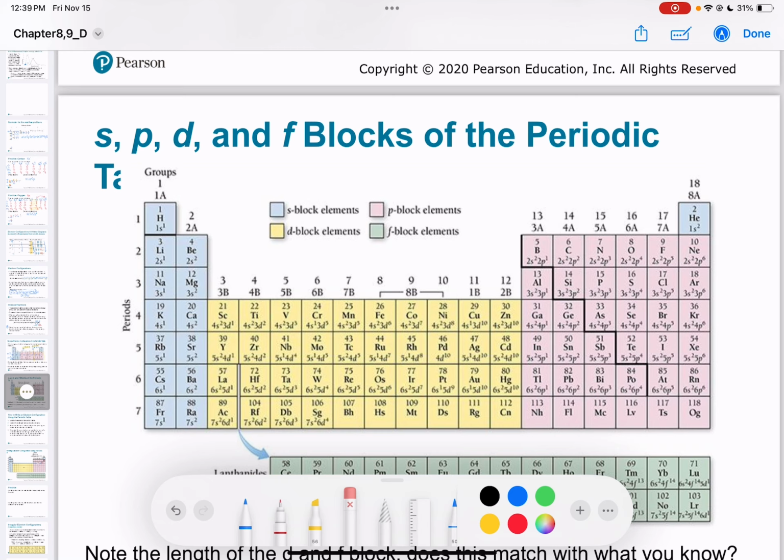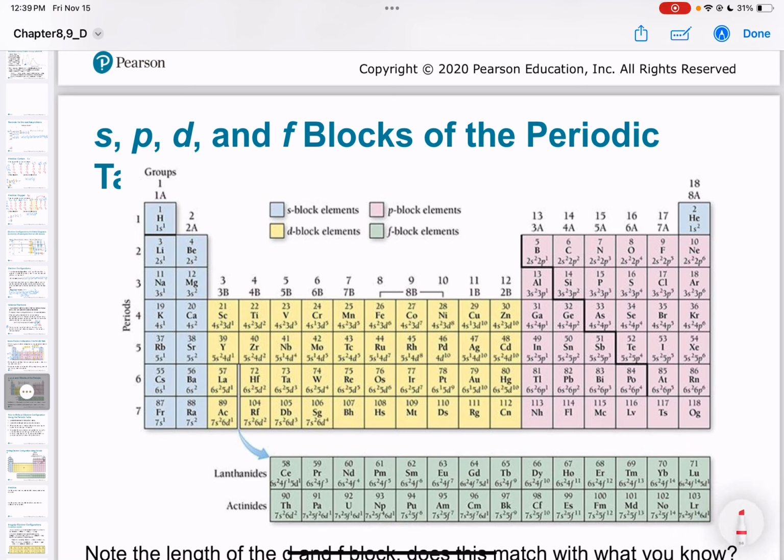So for any element on the periodic table, we can identify where it is physically. Let's say sulfur. Without even thinking too hard, just by seeing that it's in the P block, we know its highest electrons are in a P block.